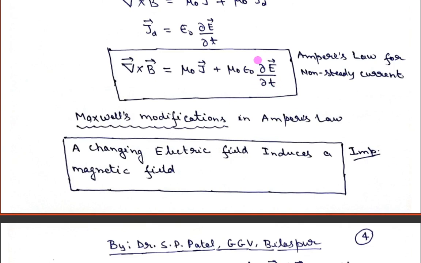Here if you see clearly, J is not changing with time, and the second quantity on the right hand side, del E upon del t, is changing with time, and this is equal to del cross B. Then Maxwell said that not only does a changing magnetic field induce an electric field, which was the Faraday law, but a changing electric field can also induce a magnetic field.